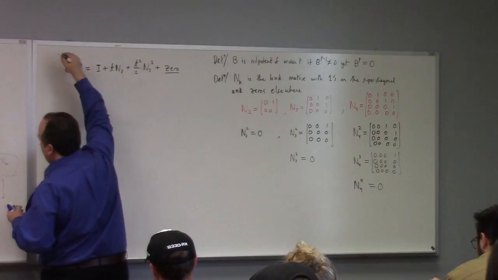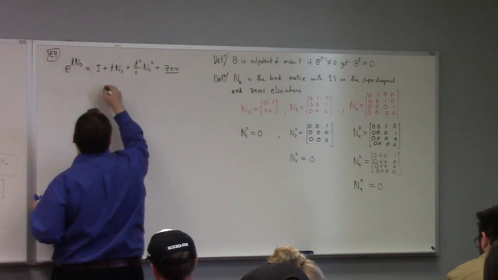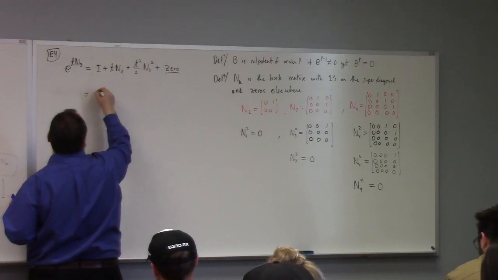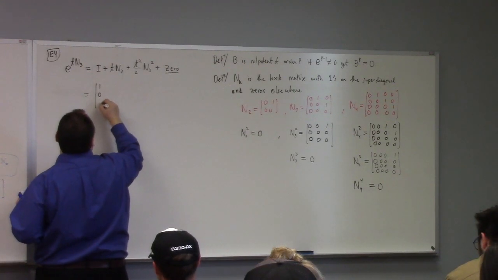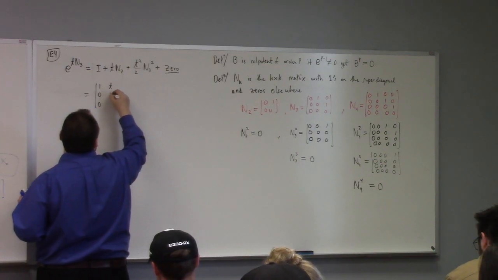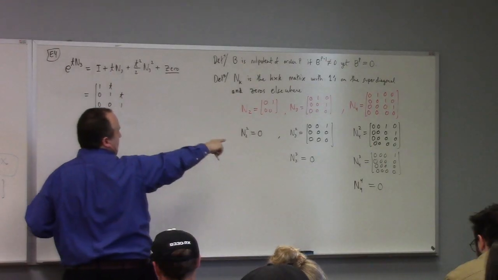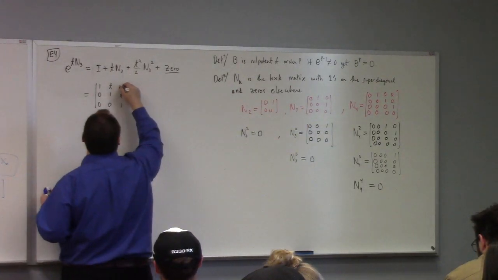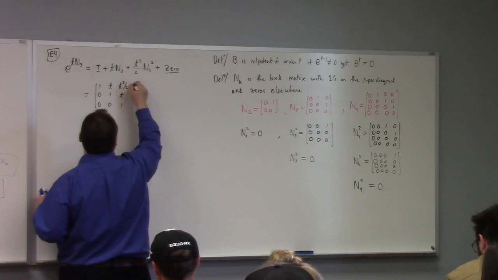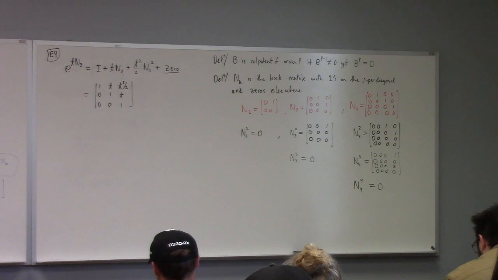Lots and lots of zeros, right? So that works out to 1, 0, 0. T's on the super diagonal. And this n3 squared gives us a t squared over 2 up here. All right.